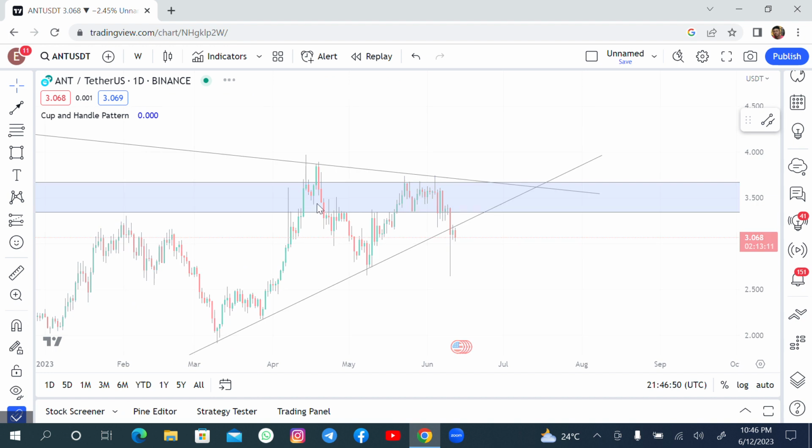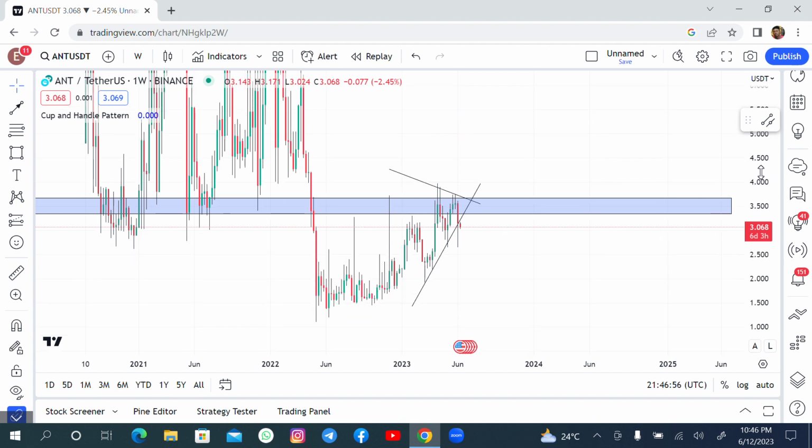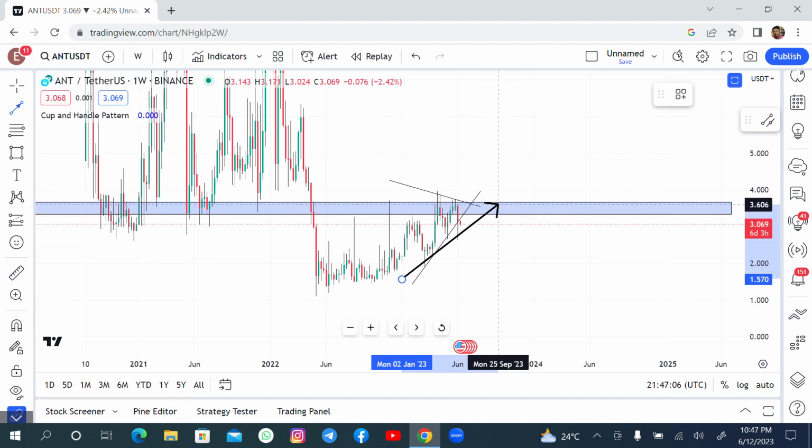In case we should break above this resistance, that was a support before, if we do break and close above it, then we should start looking for buys.